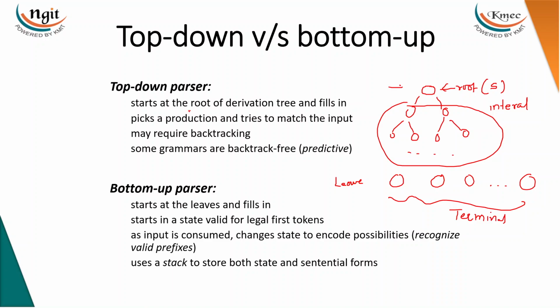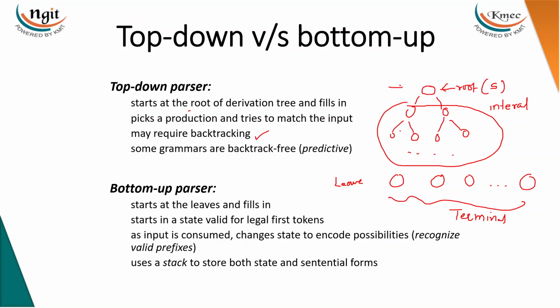So then what is meant by top down approach? In both the parsers we are going to generate the parse tree. That's the main intention of the parser. So top down means we start constructing the parse tree from the root node and go towards the leaf nodes, right? Sometimes we need to reverse the parse tree and apply new productions, which means there is a possibility of backtracking while constructing the parse tree.